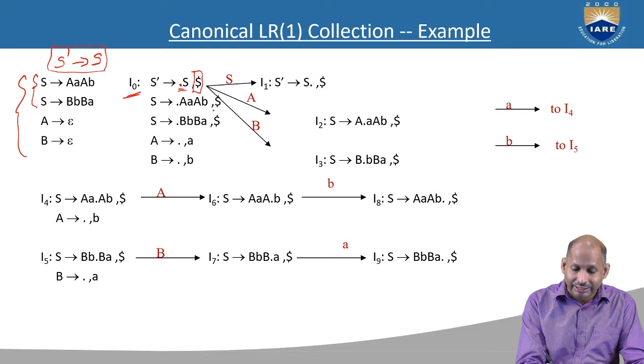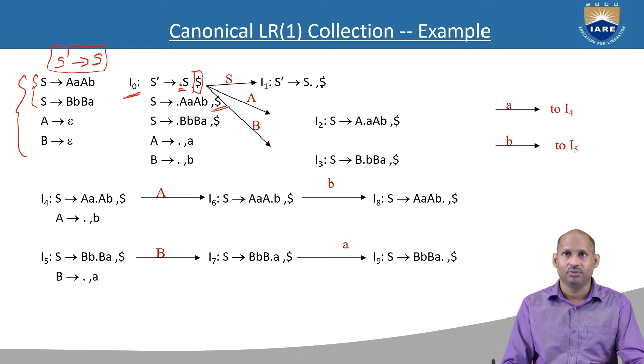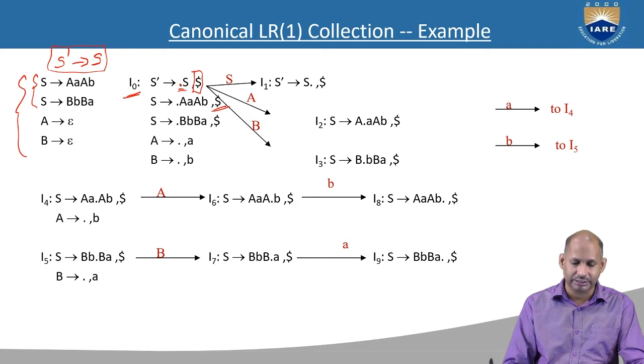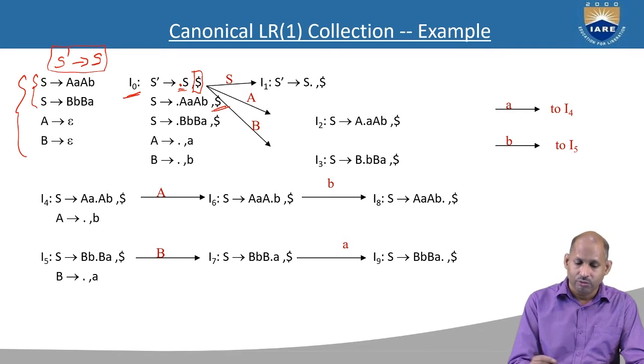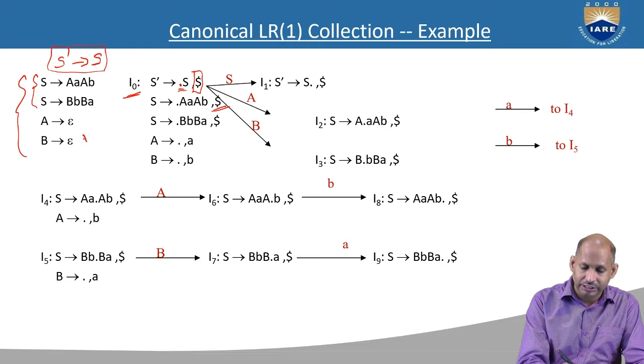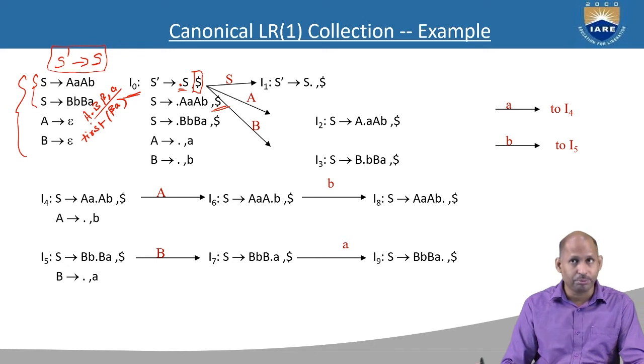To determine this dollar sign, what do we have to consider? First of beta A. If dot B beta is followed by A, in this case we are writing the dot B productions.